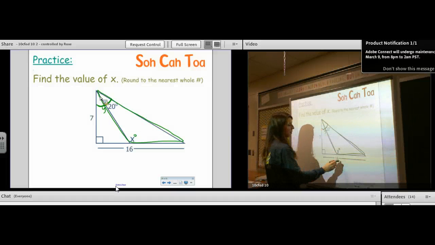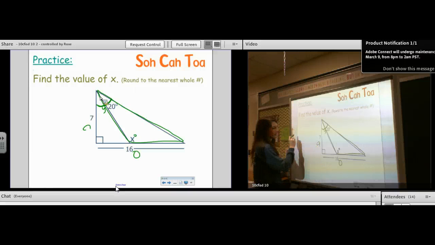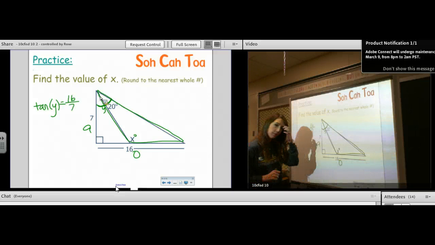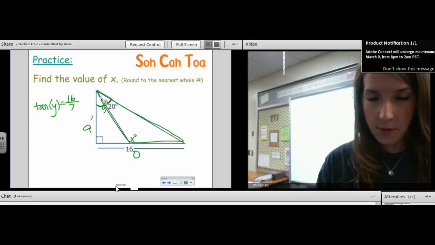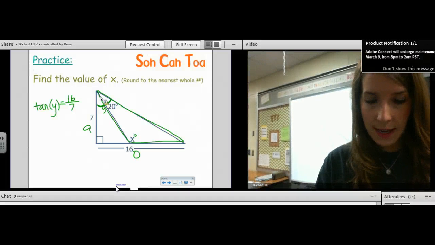So compared to y, this is opposite and adjacent. So tan of y equals 16 over 7. This is just one way to solve it, but to me this is the most direct way. So I'm going to press second tan 16 divided by 7.